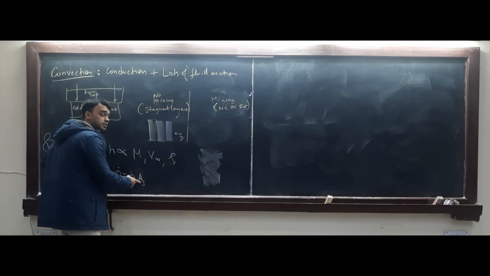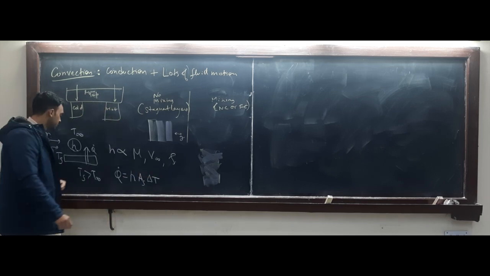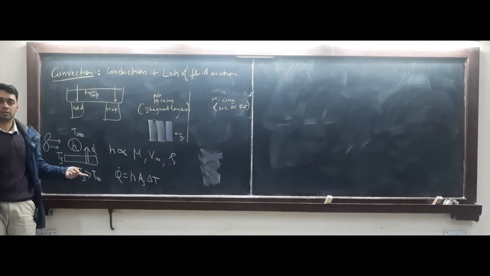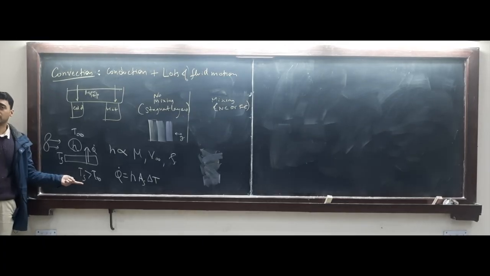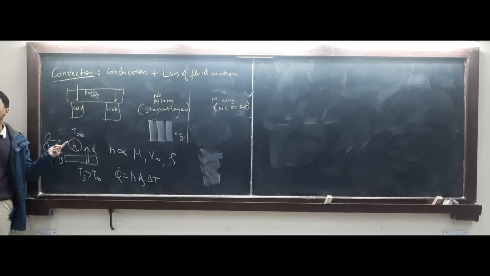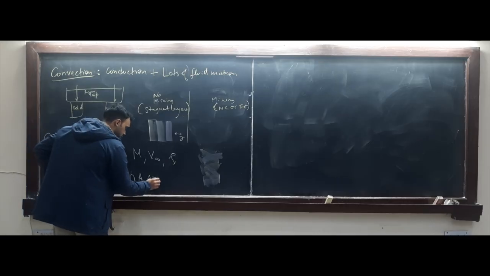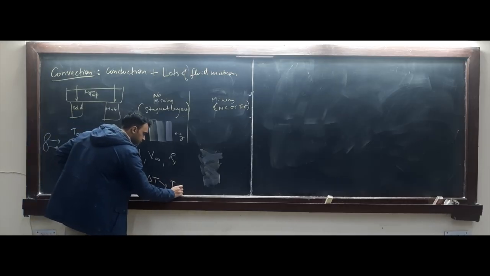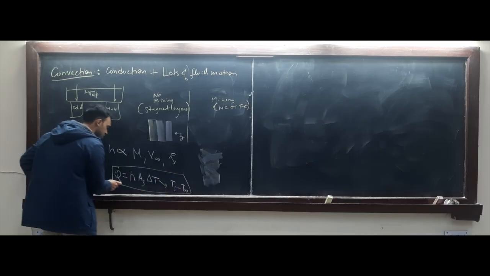But this is not the same as cross-sectional area, this is the surface area. Q dot = hA delta T, meaning Ts minus T infinity. If I had Ts less than T infinity, what would be the direction of my heat flux or heat rate? Downward? Right. So these are your two laws.